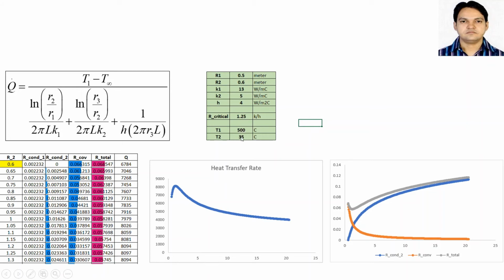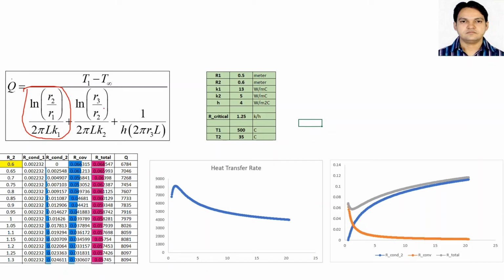Temperatures are 535. I have started with the initial radius R2, that is 0.6. The conduction resistance I have calculated using this equation, which is already explained to you. As R2, R1 and K are constant, the conduction resistance offered by the pipe material itself remains constant. Then I have calculated the conduction resistance offered by the insulating material.